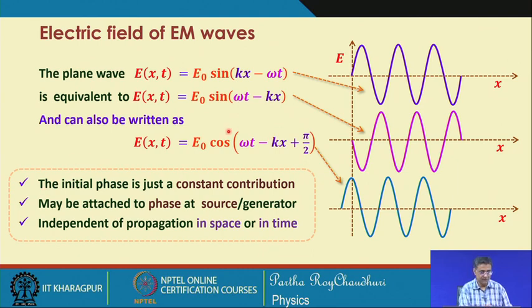The conclusions are: the initial phase is just a constant contribution. Maybe this initial phase may be attached to the phase at the source or the generator, because we start counting the phase when it is already pi, and this initial phase is independent of the propagation in space and time.